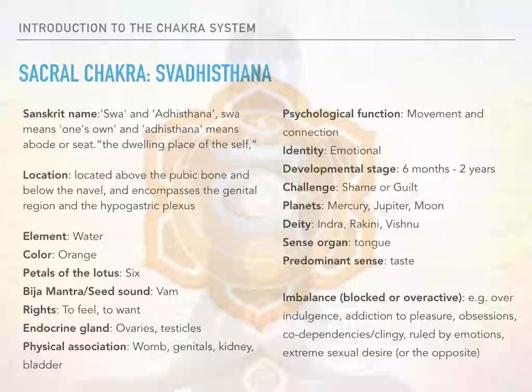Think about oysters, strawberries, chocolate, go on. So again, the predominant sense here is taste. And think about when we are intimate with someone sexually and how important kissing is and how we feel that it affects our whole system. So again, how everything is connected.